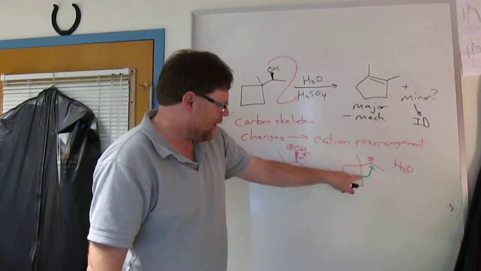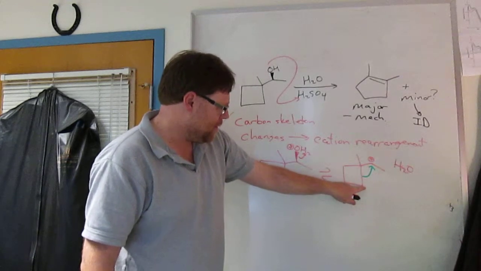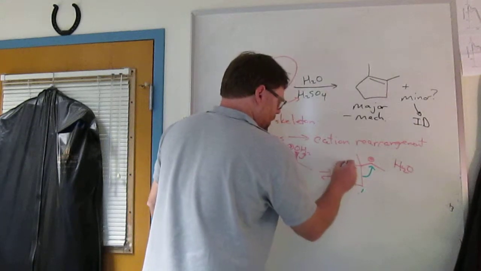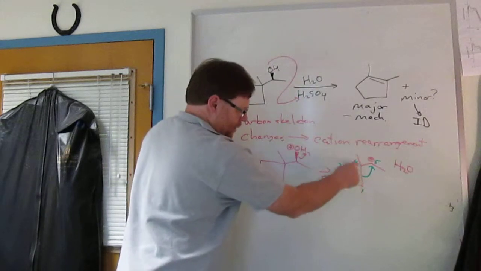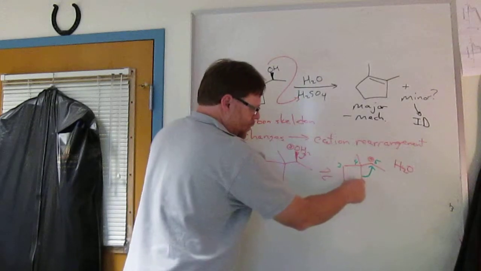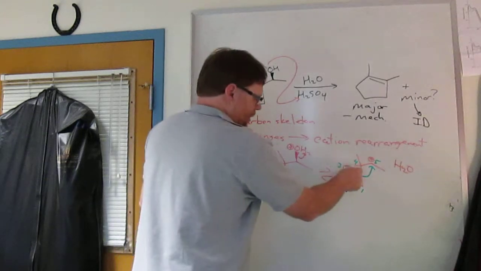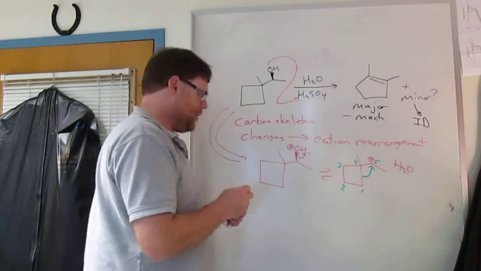These 2 electrons in this carbon-carbon bond are moving to make a bond between this carbon and that carbon. If we number these 1, 2, 3, 4, 5, carbon 1, currently bonded to 4, will take its electrons and bond to carbon 5. If we take electrons away from carbon 4, that's going to leave a positive charge on carbon 4.